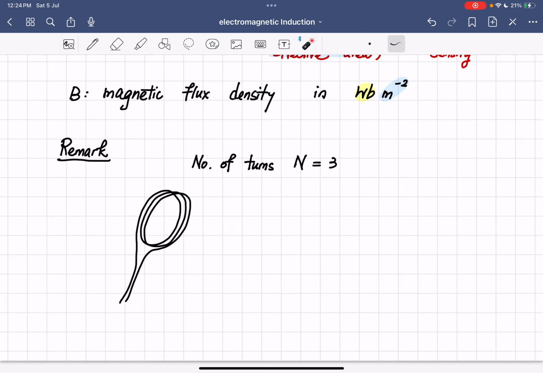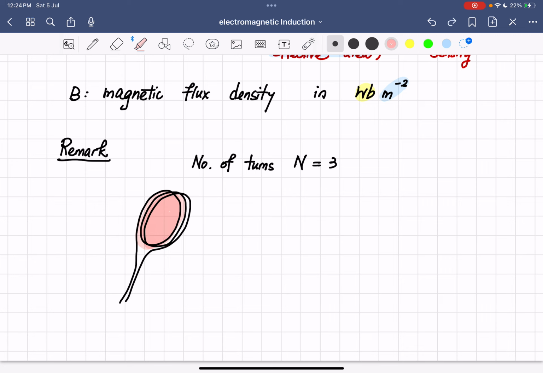Then for each turn, there is essentially just one area. So at the back there is one area, and then at the second loop there is another area, and at the last loop there is another area. Like this.